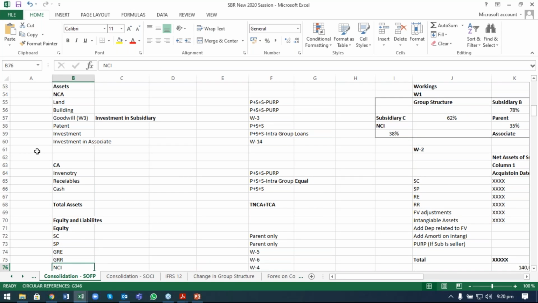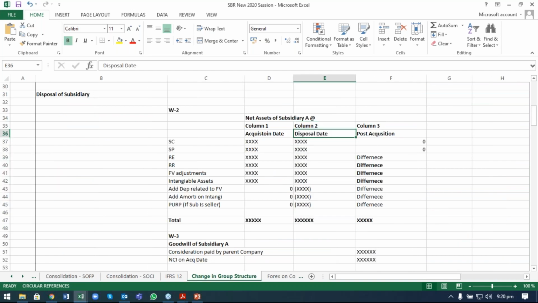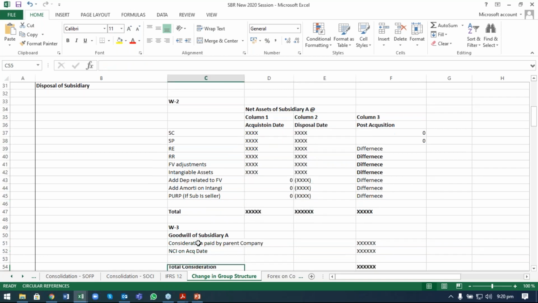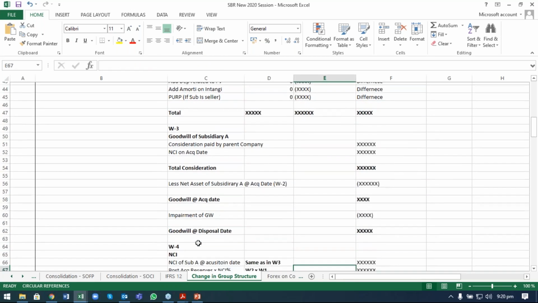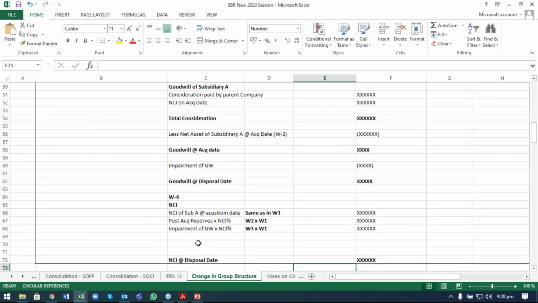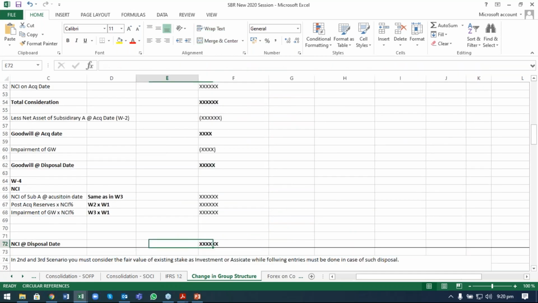So we have three items that were recorded upon the acquisition of a subsidiary within the group financial statement. So even on disposal, we have to remove those three things. What are these things? One is net assets of subsidiary on disposal date. Second one is goodwill of subsidiary on disposal date, right? And third thing was NCI, non-controlling interest of subsidiary on disposal date.